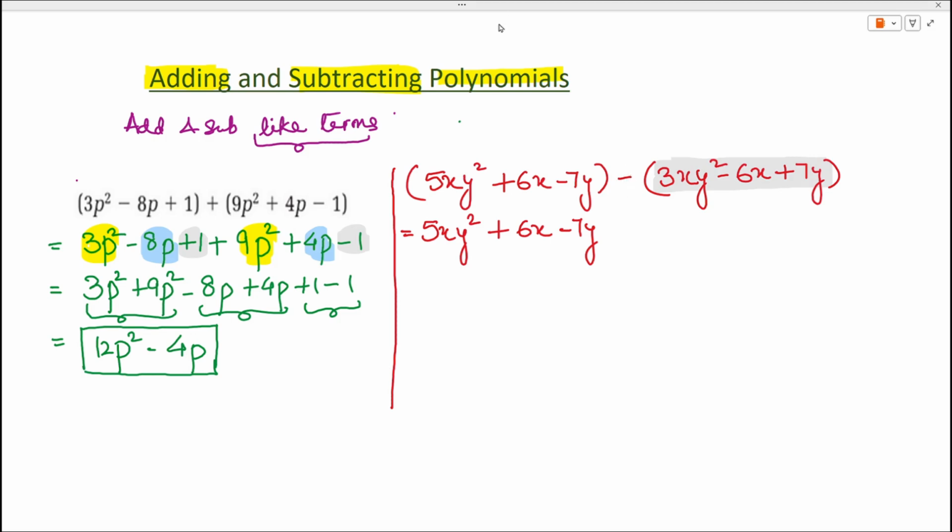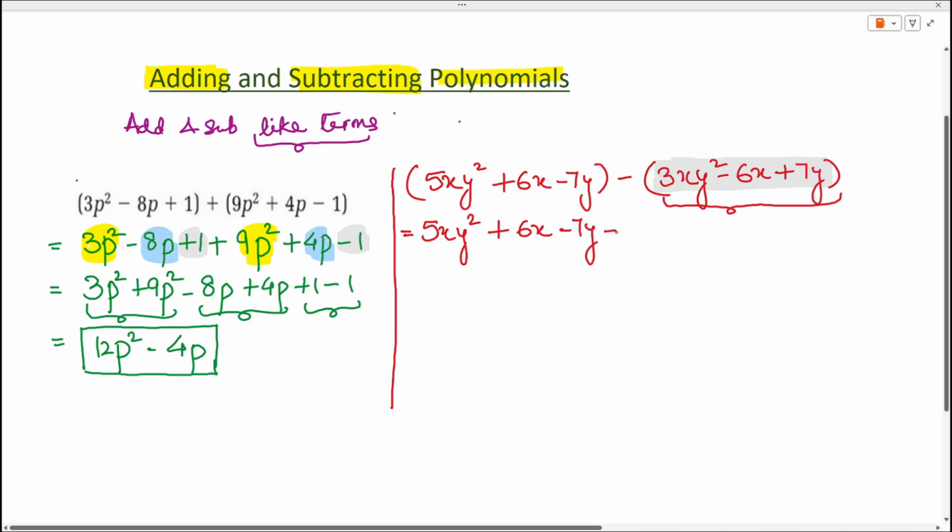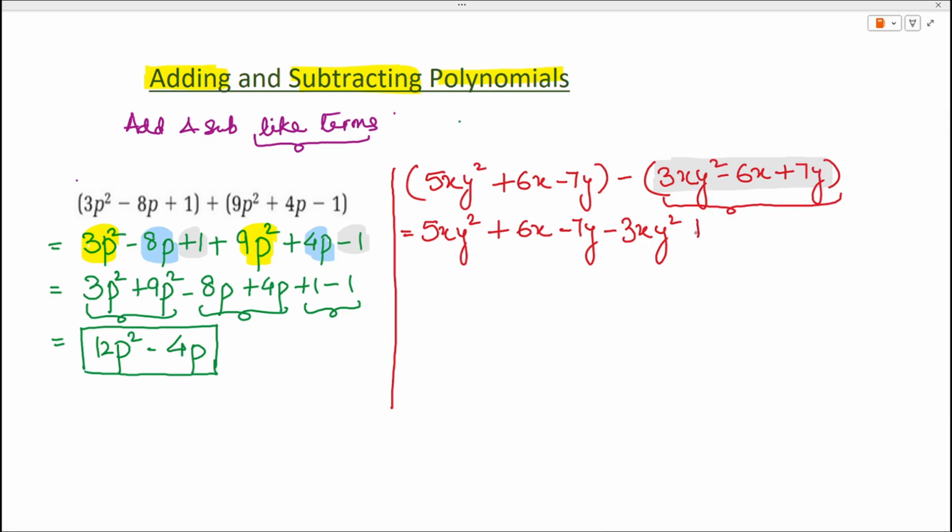There's a subtraction sign. So once we open the bracket, whatever terms are inside will all switch their sign. The signs will get flipped, which means 3xy square will become negative 3xy square. This subtract 6x will become add 6x, and plus 7y will become minus 7y.